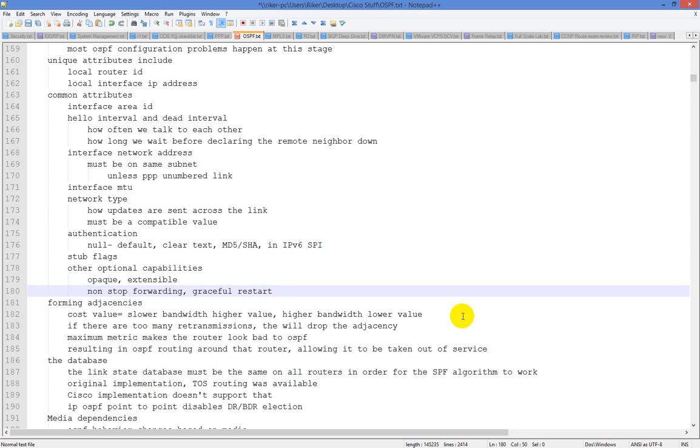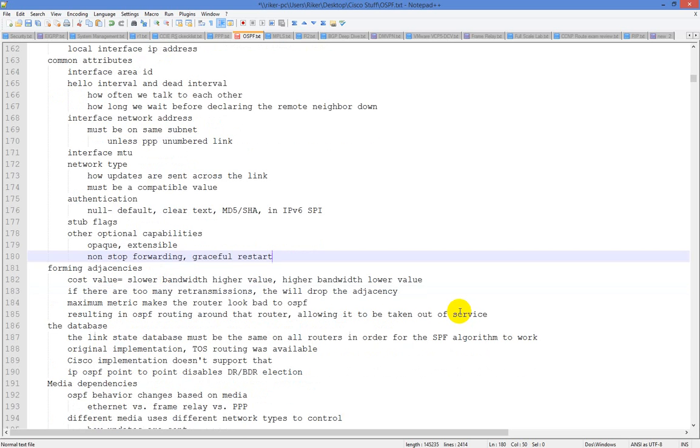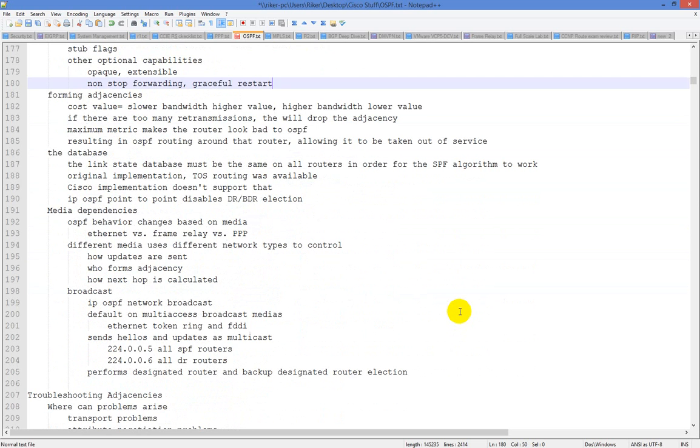A Type 3 LSA is a network summary link state. We'll get into that in more detail when we get into the details of how that actually breaks down.